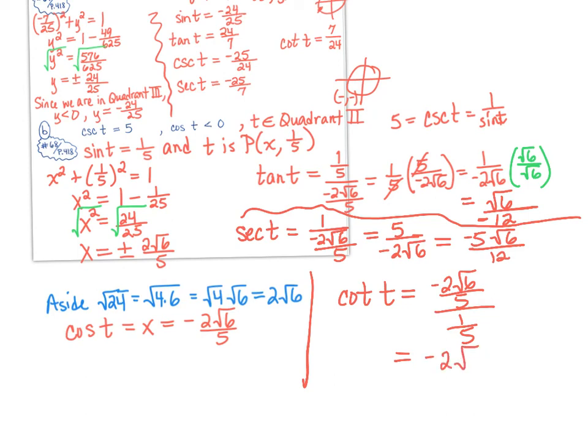Negative 2 root 6. Good. Right? Because when you multiply by 1/5, your 5's cancel. You got it. What questions do you have? All right. So that is section 5.2, trigonometric functions of real numbers.